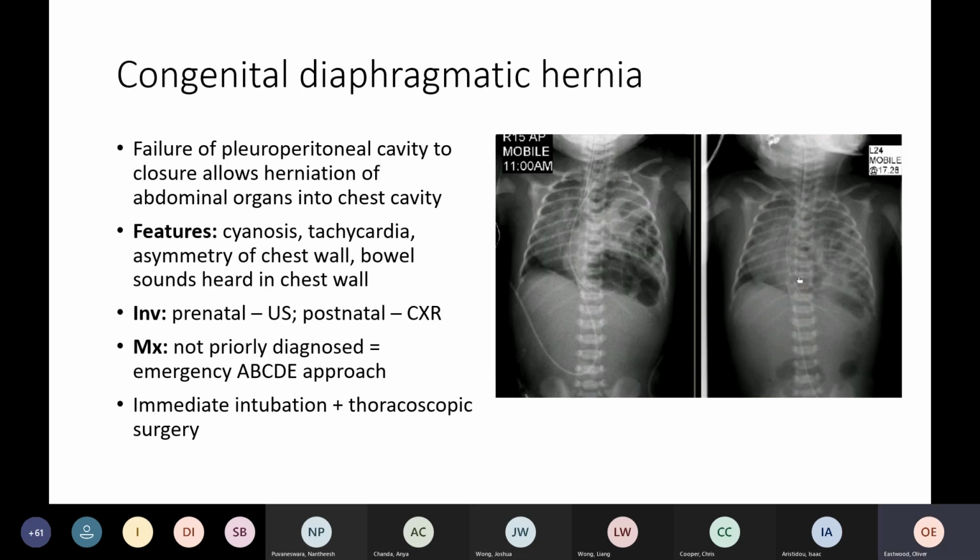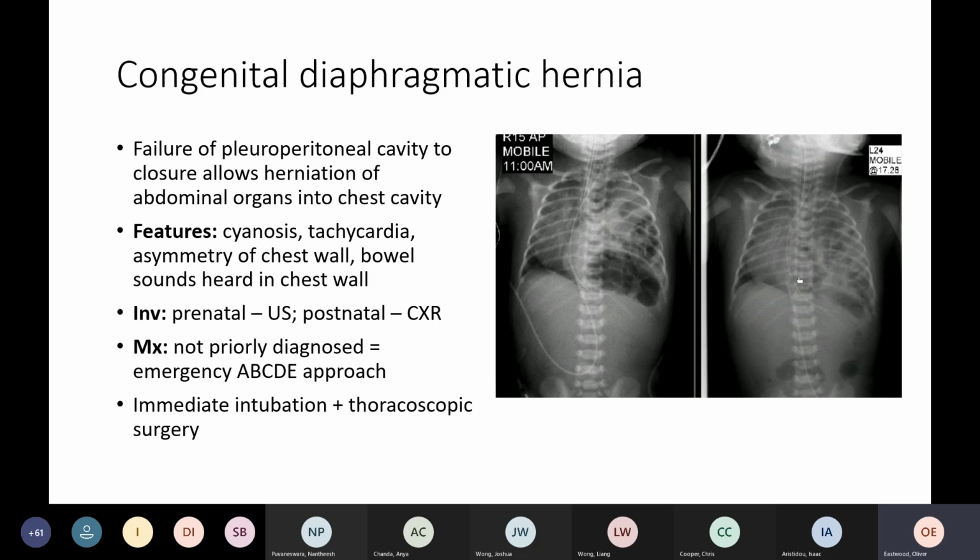So we'll briefly touch on congenital diaphragmatic hernia. This is where you get herniation of abdominal organs into the chest. The hole that it goes through is usually on the posterior lateral aspect of the left-hand side. Ideally it would all be diagnosed prenatally, but if it isn't, it's an ABCD emergency.